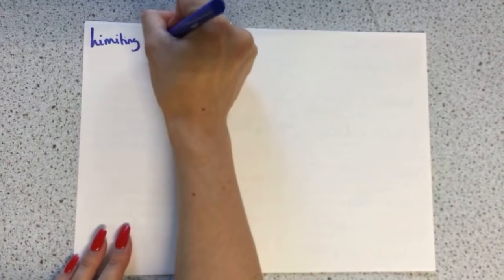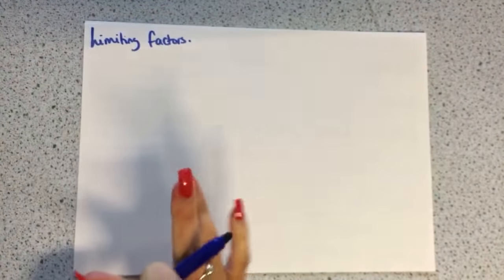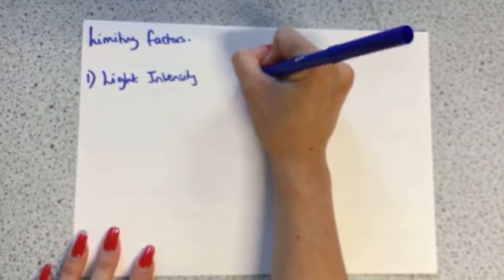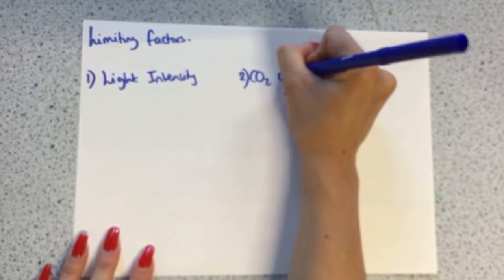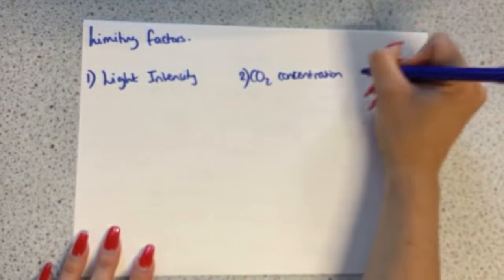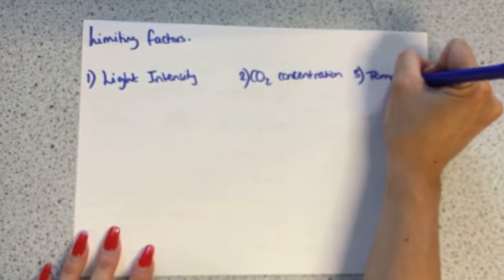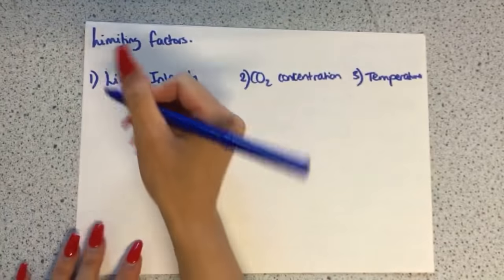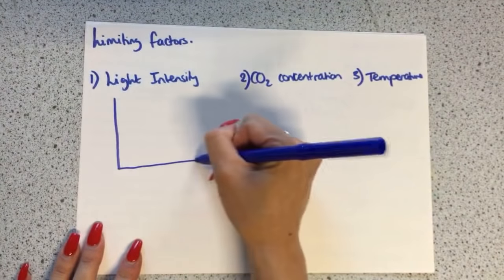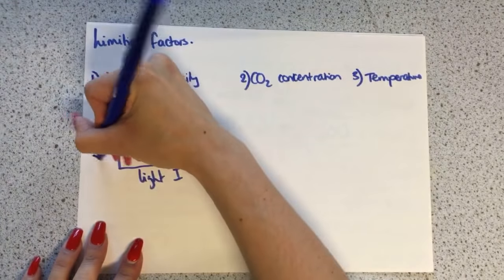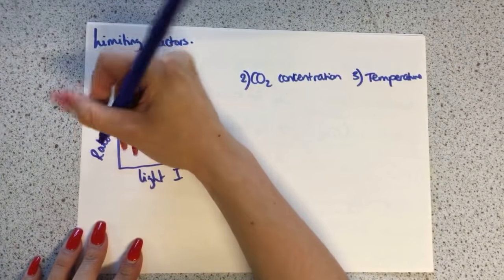So limiting factors. Okay, you've got light intensity, carbon dioxide concentration, and temperature. Now the light intensity and the CO2 concentration graph are exactly the same. So you'll have light intensity at the bottom and rate of photosynthesis up the side.